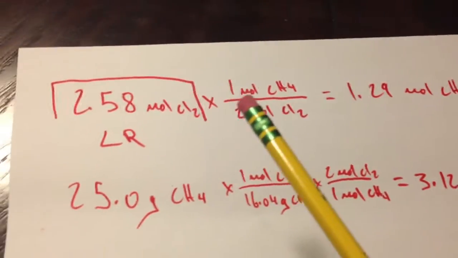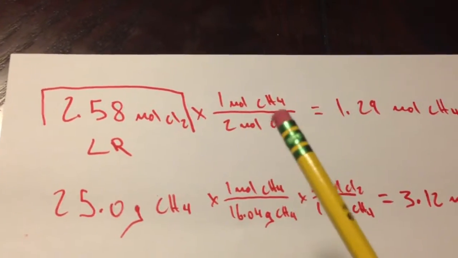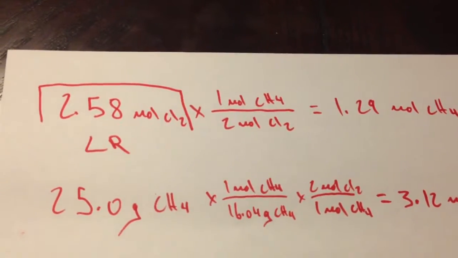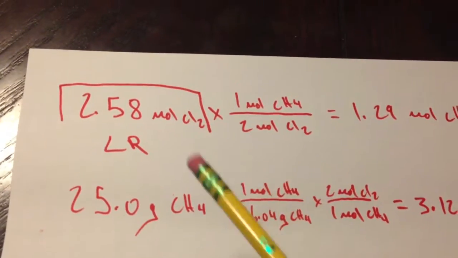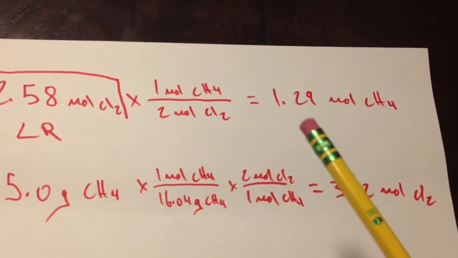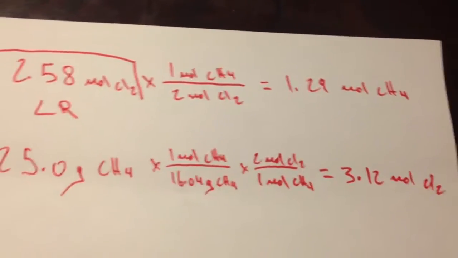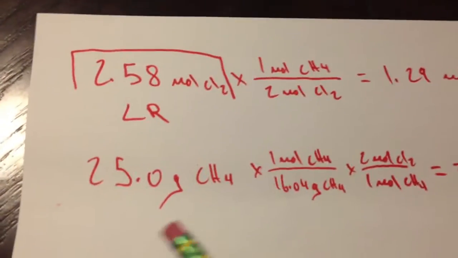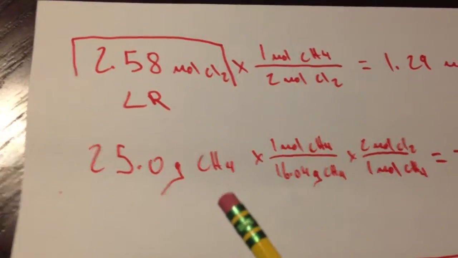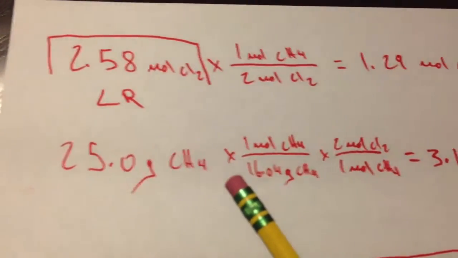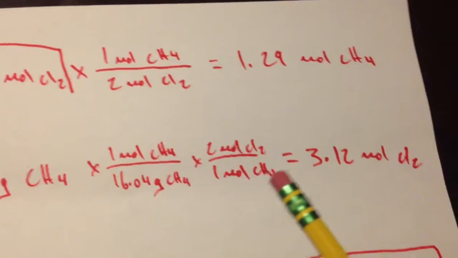That would be 1 mole of methane over 2 moles of chlorine, and when we calculate this, we get 1.29 moles of methane.